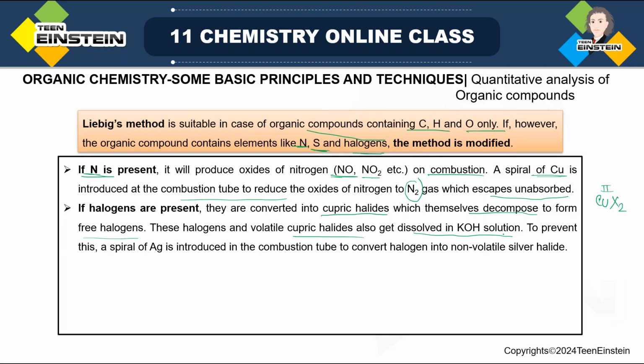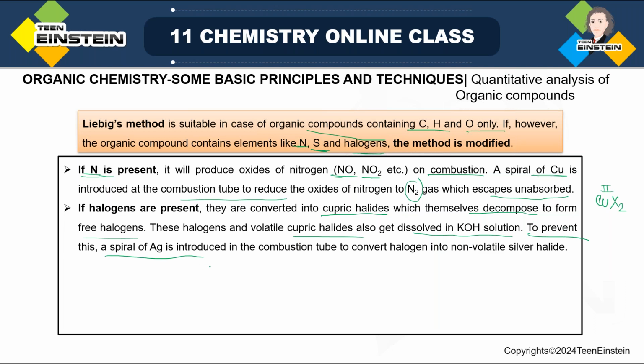But we want only carbon dioxide gas to be absorbed in KOH solution, because that is all about Liebig's method, where we quantitatively analyze carbon and hydrogen. But if cupric halides are also absorbed, then there will be error in calculation that we do not want. So to prevent this, now we are using a spiral of silver metal.